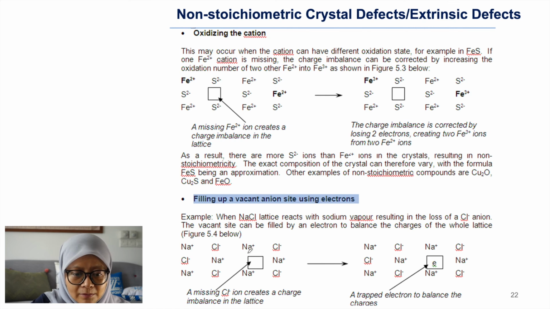We have a missing chloride here. In order to correct the imbalance, a trapped electron is used to balance the charges, so everything is back to normal.